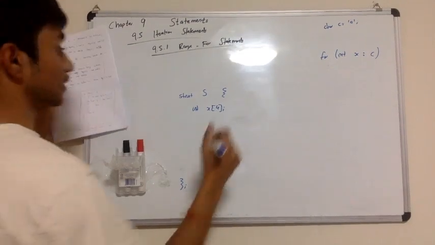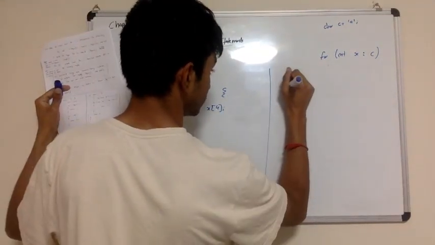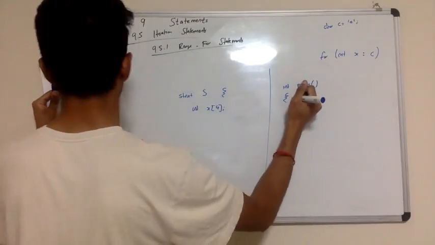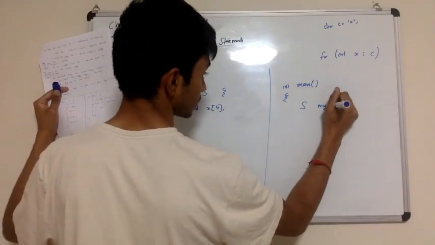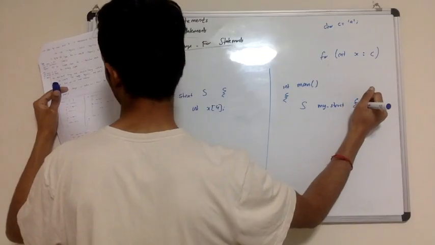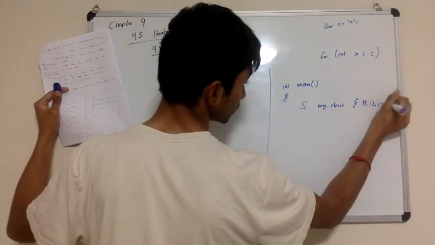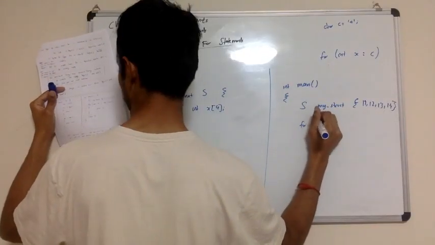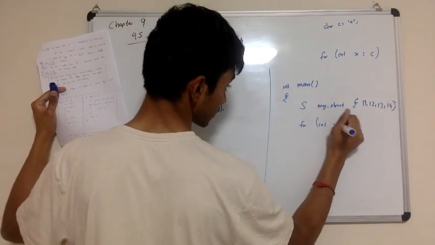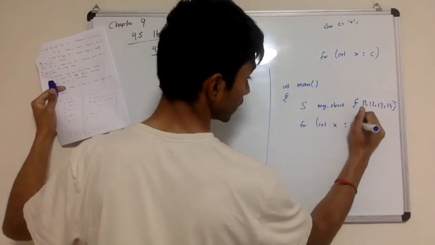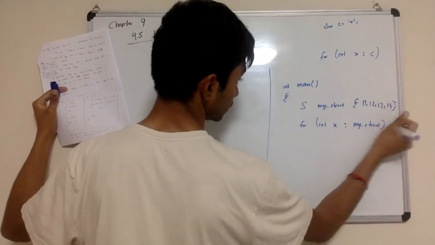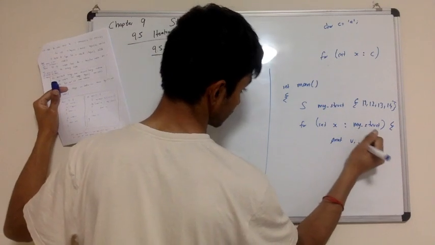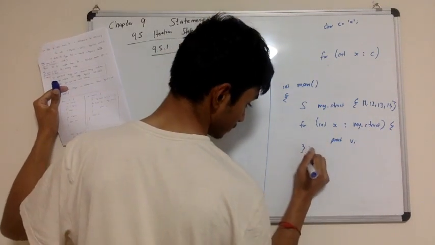Let's say in my main function, I create a struct of type S, my struct, and I fill in the holes 11, 12, 13, 14. And let's say for int x colon my struct, I just ask to print the value v, and then return 0.